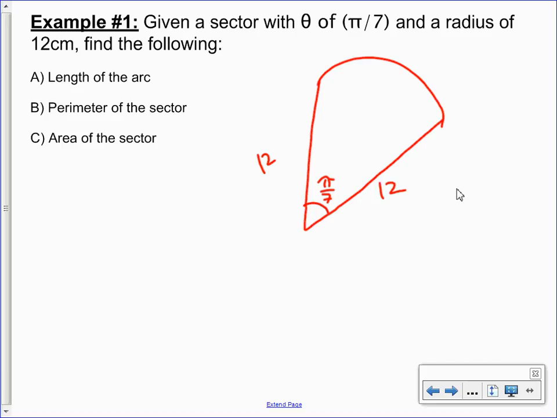To find the length of the arc, aka the arc length, which is right here, for part A, L is equal to theta times R. So pi over 7 times 12, which is about, calculate.